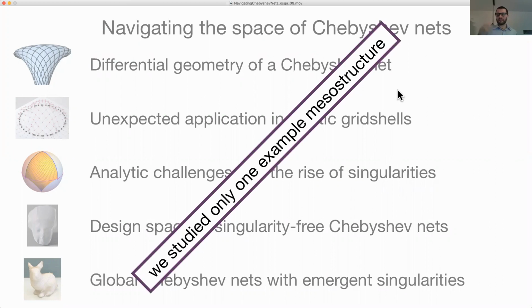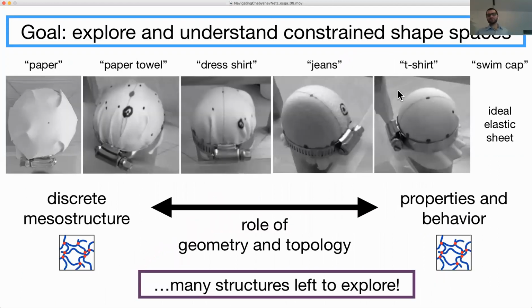Or it could be something like our clothes, like the wire mesh fabric covering that we were able to make for this bunny globally. And the idea was to use tools from differential geometry, both reformulations in the smooth case and discrete analogs arising from integrable differential geometry, to come up with models for these systems. So the hope is that we can use geometry and topology to understand many different types of discrete meso-structures and the properties and behaviors that underlie them.